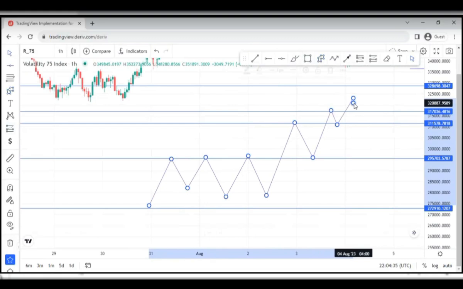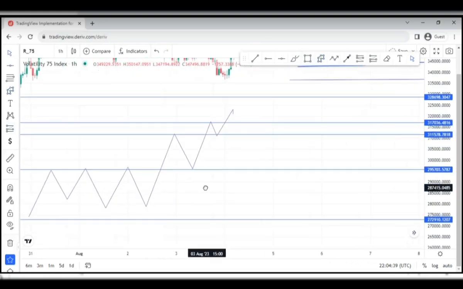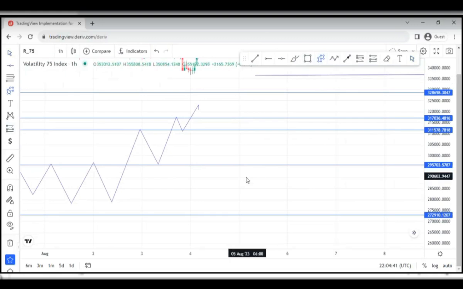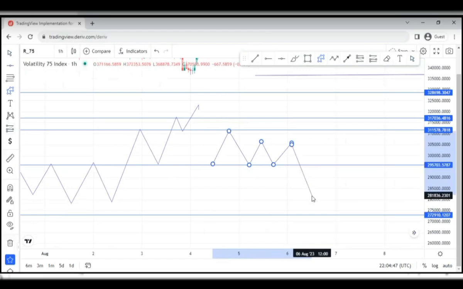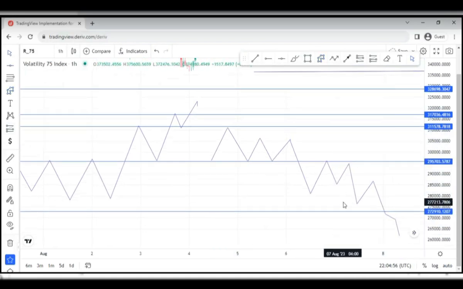So that's what we say resistance turning support. Then support turning resistance is price found support here, broke out, went for a retest, found resistance, and started going down even deeper. That's support turning resistance. Have I answered your question?